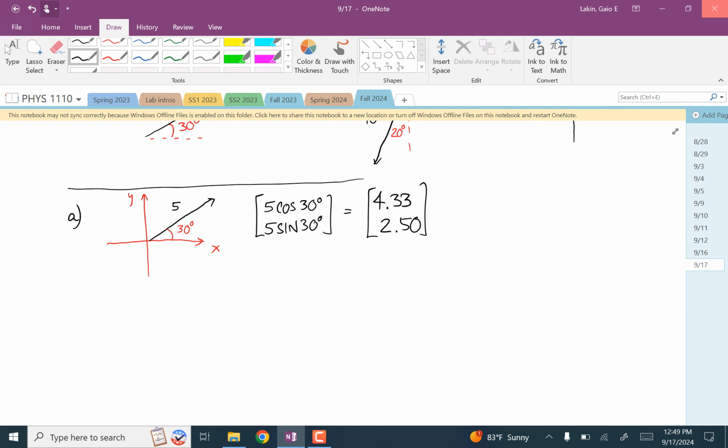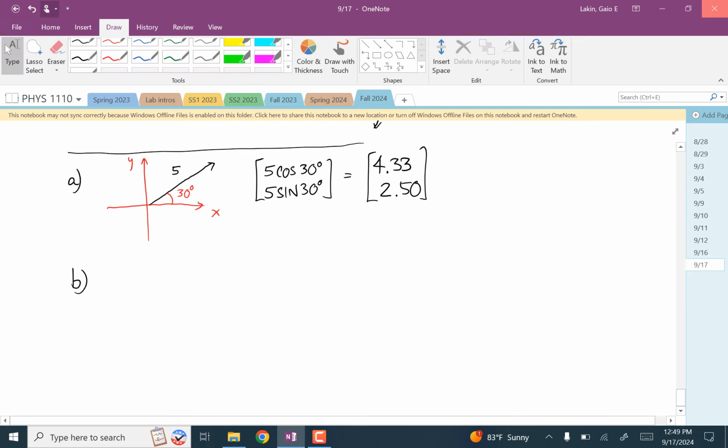Okay, so now part B. So the coordinate system is this. And the vector is this.